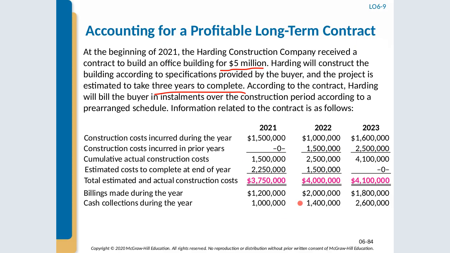It could be that minimum wage is raised, so that's going to add to the cost. It could be that fuel prices are going up, and that also affects the cost. We're going to be looking at certain scenarios where we actually have to recognize losses.